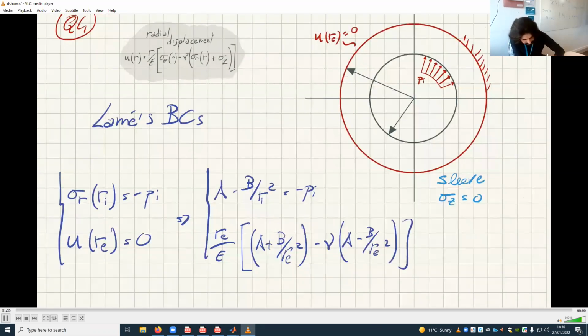And that's equal to 0. Let's count the unknowns. A is my first unknown and b is my second unknown, and they are also here. So this is still two equations in two unknowns. It's only more complicated to solve, but it doesn't change anything, because re is a number, E is a number, and these are all numbers. So you only have to find A and B.